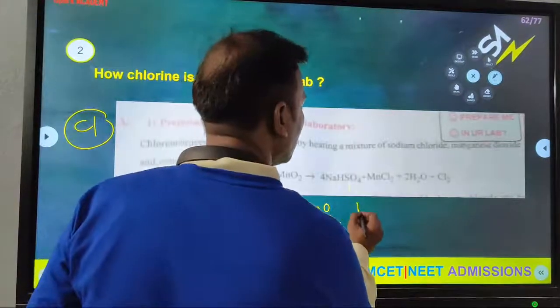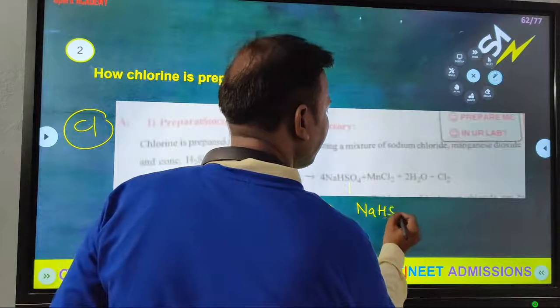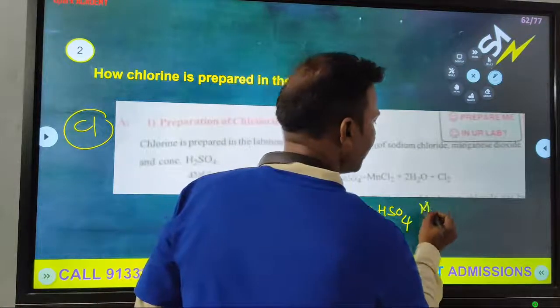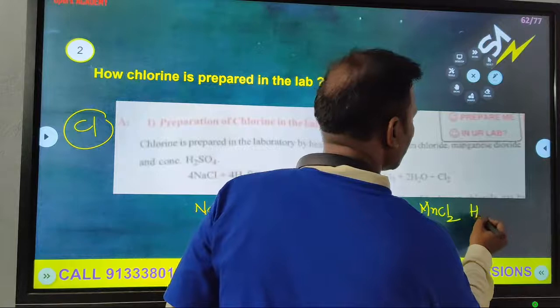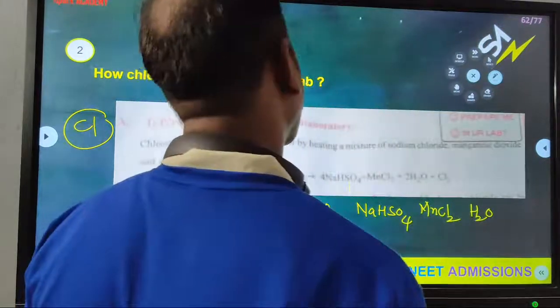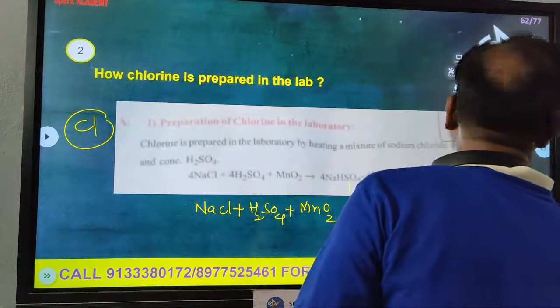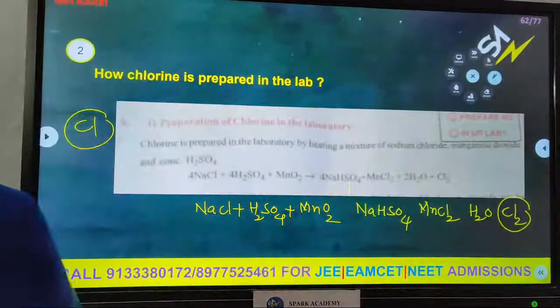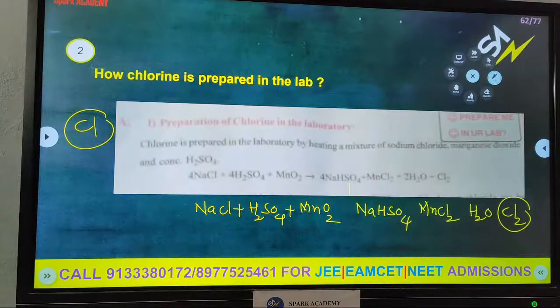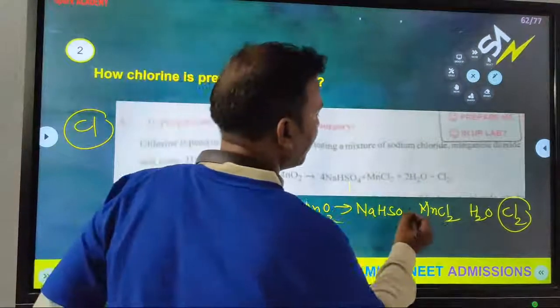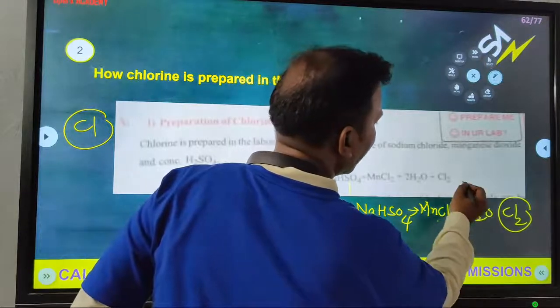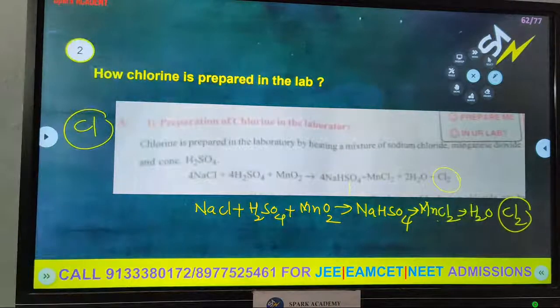First we will get sodium hydrogen sulfate. Next, MnCl2 plus H2O. Last, Cl2. In this way we prepare chlorine gas. So NaCl, H2SO4 plus MnO2 gives sodium hydrogen sulfate, manganese chloride, water and chlorine gas. So it is the chlorine gas preparation by lab method.